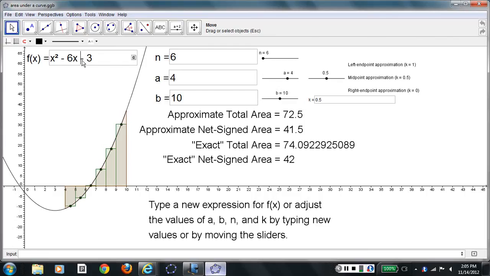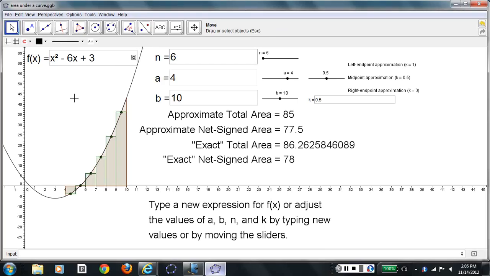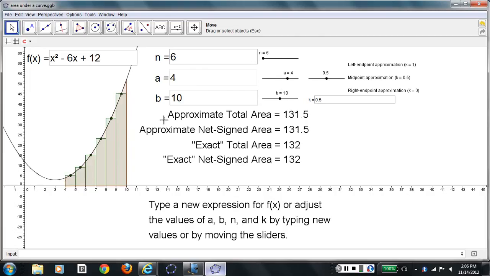We're just considering one that's above the x-axis. So let's say plus 3 would probably do it, huh? Maybe not. Plus 12? Oh, that's better. Okay, so the function's positive on a closed interval.